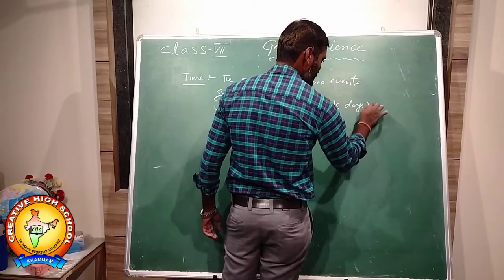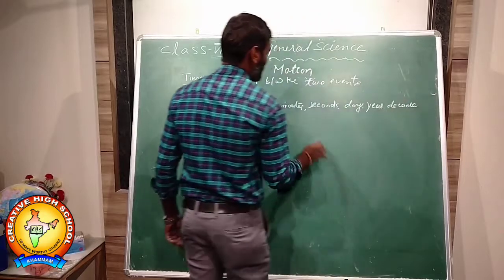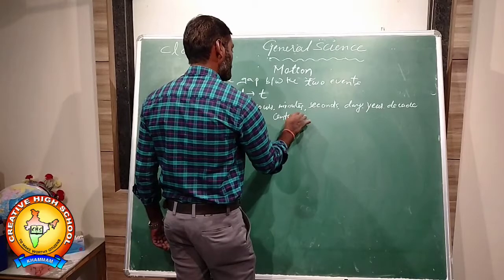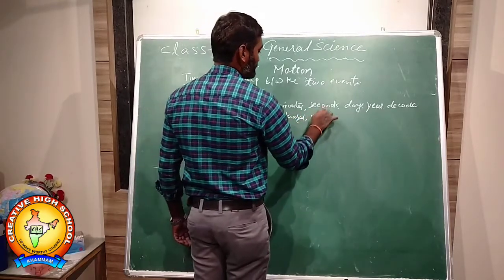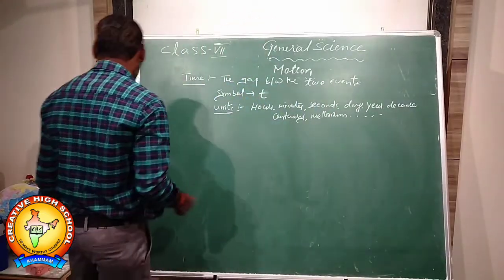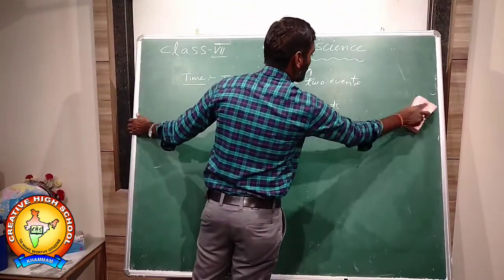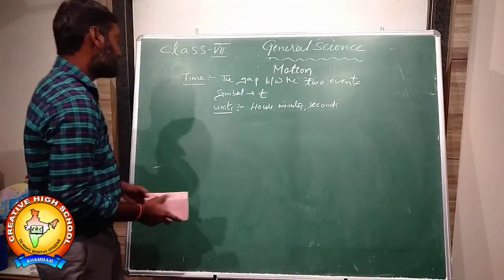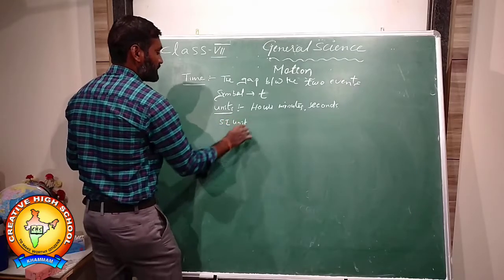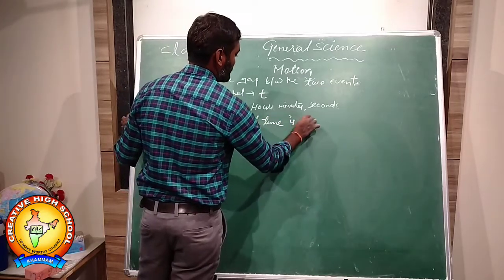So are year, decades, century, and millennium. All are units of time. Mainly you have to know about minutes, hours, and seconds only. The SI unit of time is second.